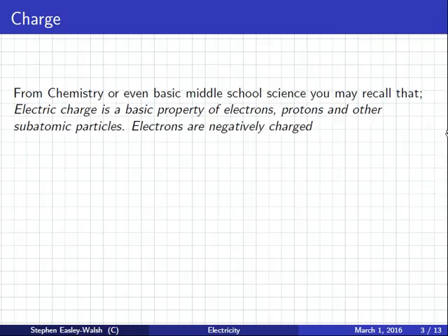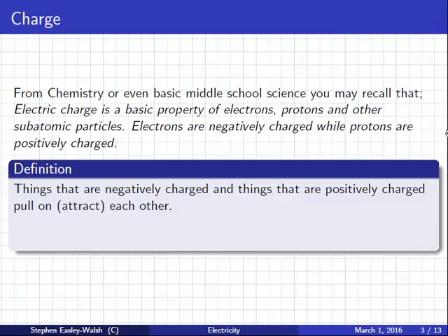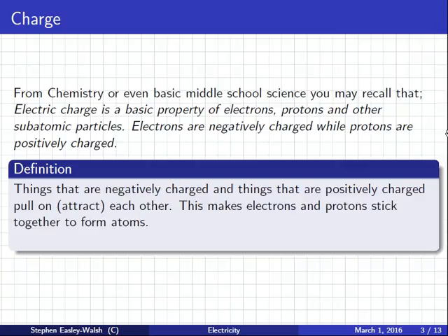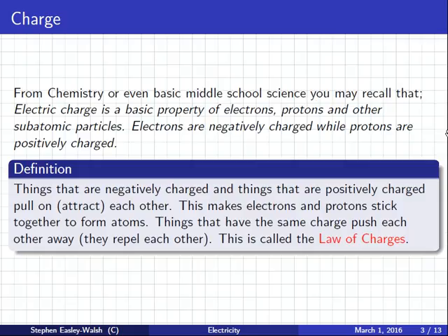Electrons are negatively charged and protons are positively charged. Things that are negatively charged and things that are positively charged attract each other. This makes electrons and protons stick together. Things that have the same charge push each other away. They repel each other.